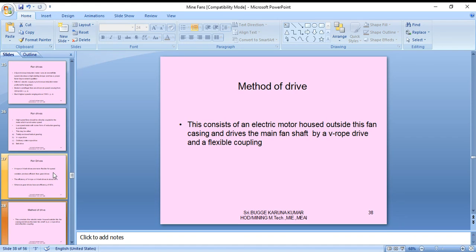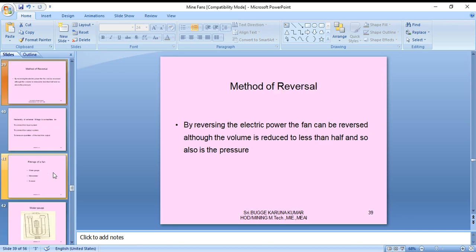This consists of an electrical motor housed outside the fan casing and drives the main fan shaft by a V-rope drive and flexible coupling.